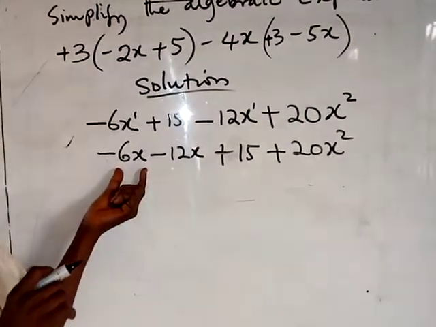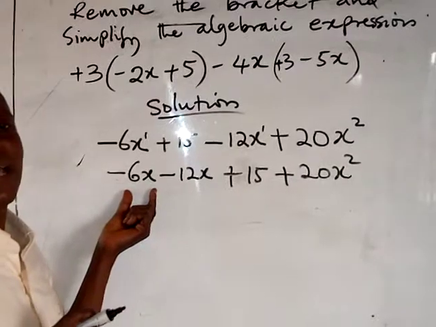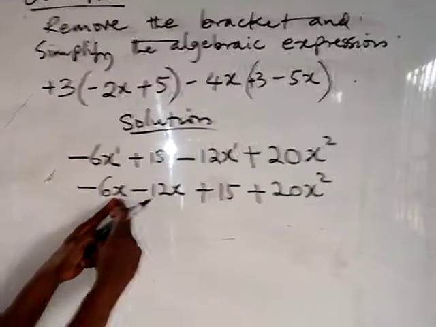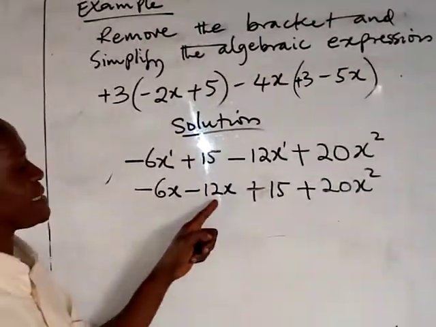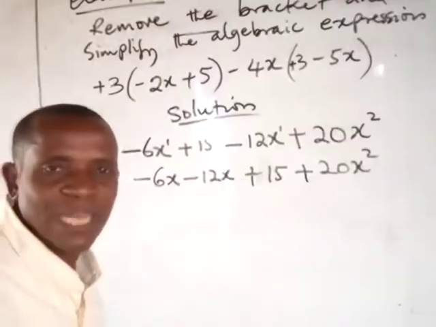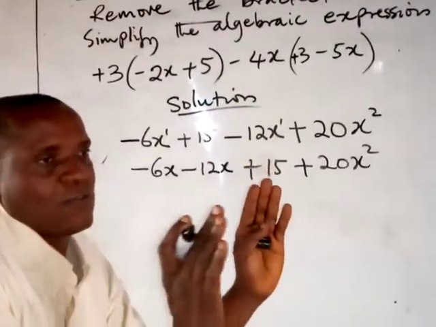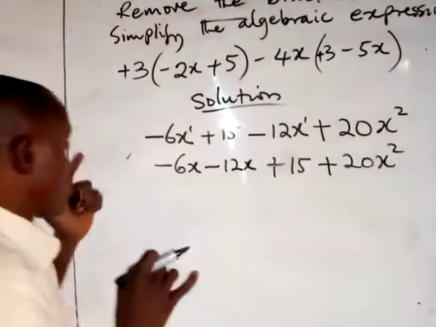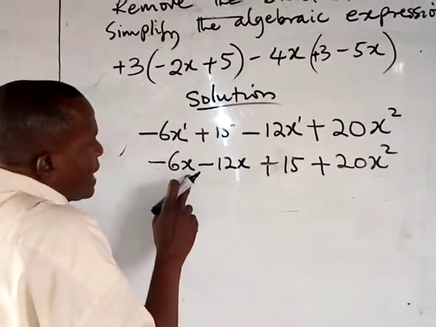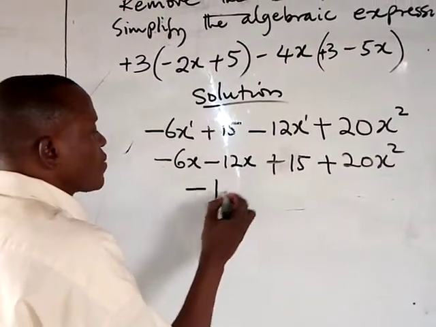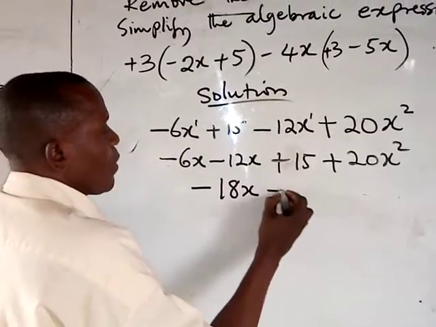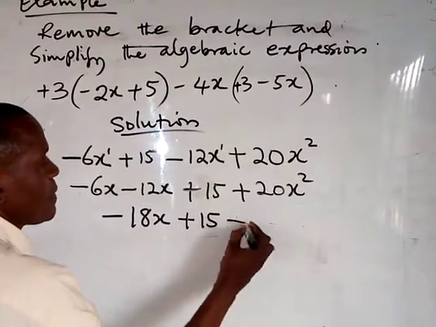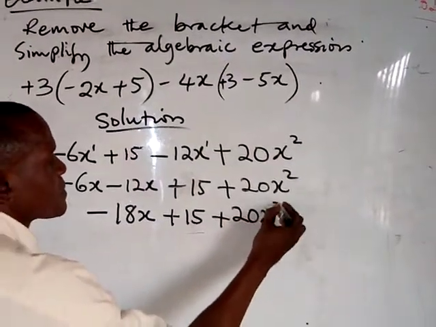Now, let's look at this. I'm owing Mr. A 6. Supposing I define my x to be naira, that is 6 naira. I'm owing Mr. A 6 naira, and I'm also owing Mr. B 12 naira. How much am I owing altogether? Am I not supposed to add the two numbers that I'm owing people so that I can know how much I'm owing? Of course, yes. So that means minus 6x minus 12x gives me minus 18x plus 5 plus 15 plus 20x squared.